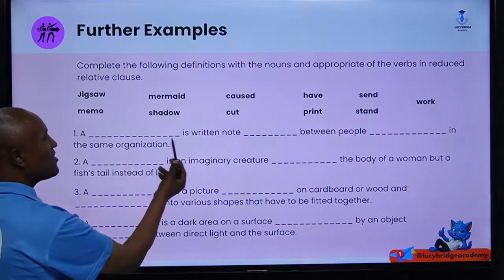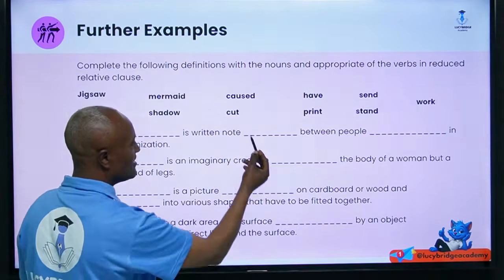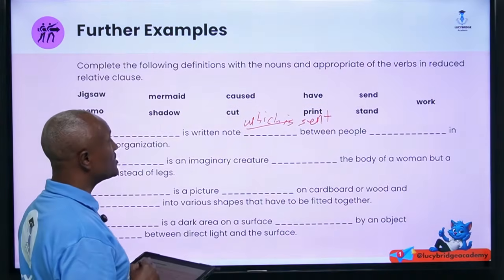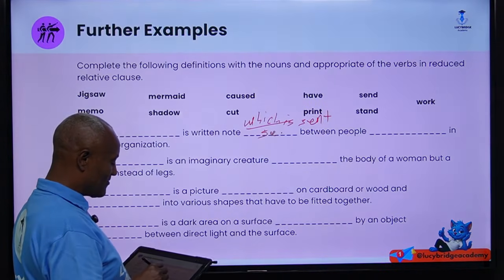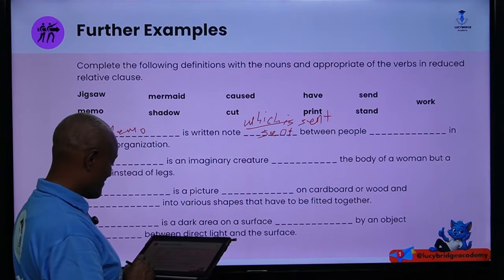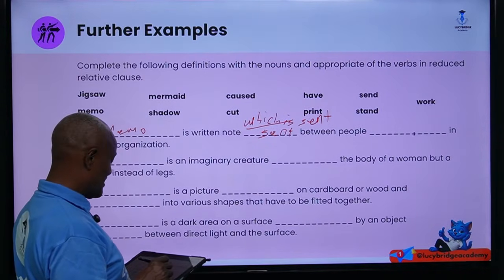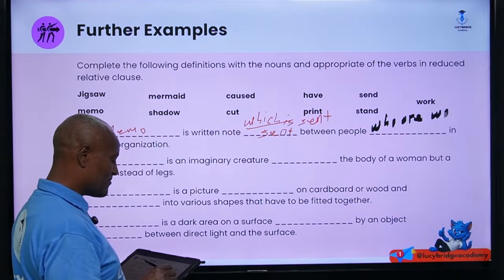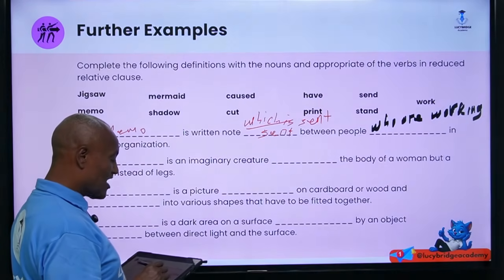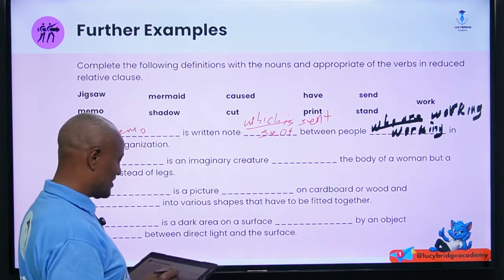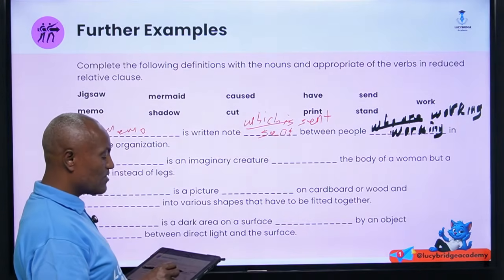For instance, can you do this one? A memo is written, sent between people who are working in the same organization. Here it is which is sent. Now when we reduce which is, we are left with sent. A memo sent between people who are working: when we omit who are, we are left with working, because who are working is active. So a memo sent between people working in the same organization.